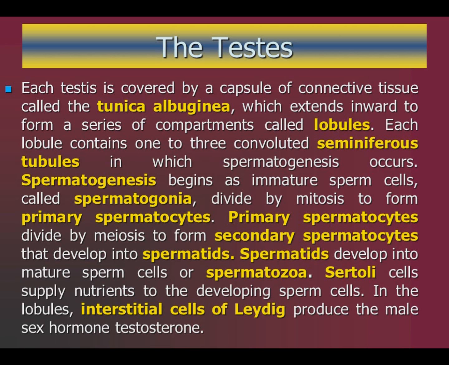Spermatogenesis begins in the seminiferous tubules, as the most immature sperm cells, called spermatogonia, begin to divide by mitosis to produce daughter cells called primary spermatocytes. The primary spermatocytes undergo the cellular reduction division called meiosis.